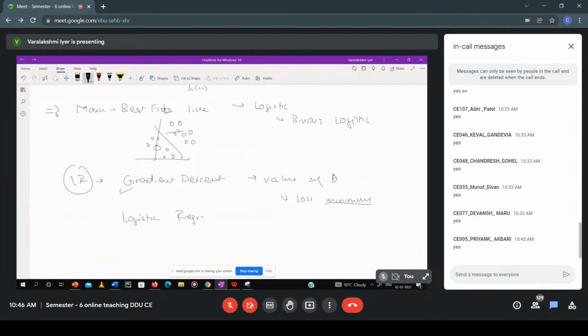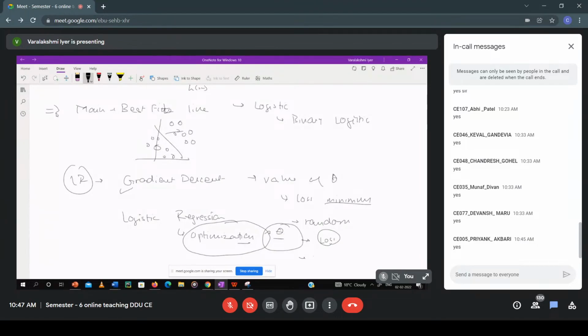We will use an optimization algorithm to update the values of your parameters. First we take random initial values of the parameters, and then we use an optimization algorithm to update them by calculating loss and using the gradient descent formula.